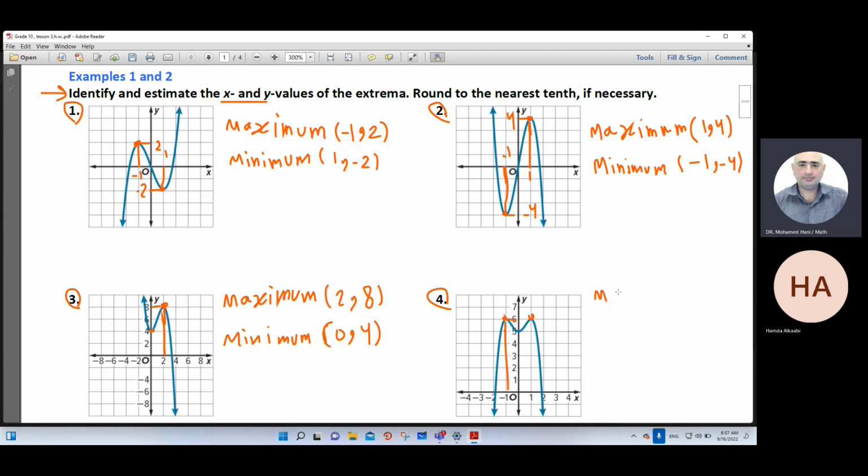So the maximum: the first point is (-1, 6), and the second point is (1, 6). And here the minimum is 0 in the x and 5 in the y.